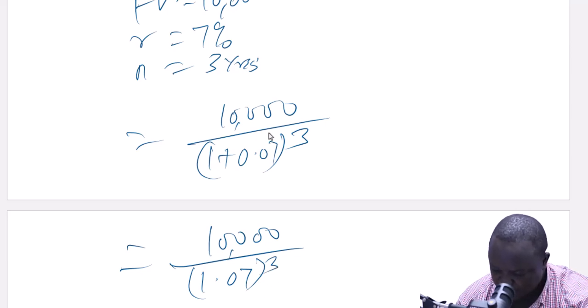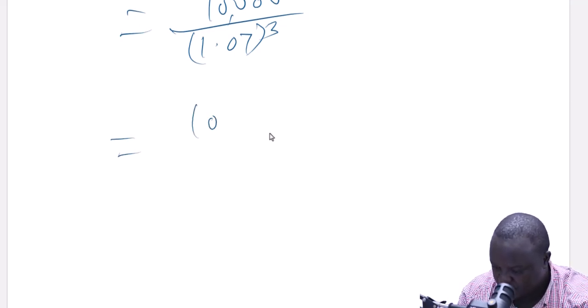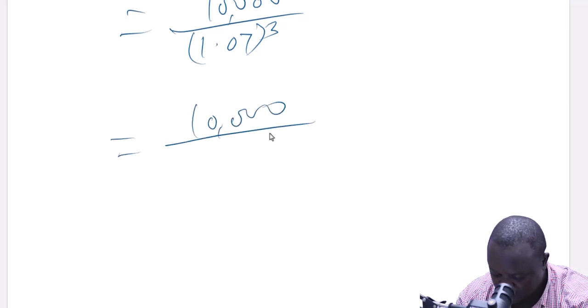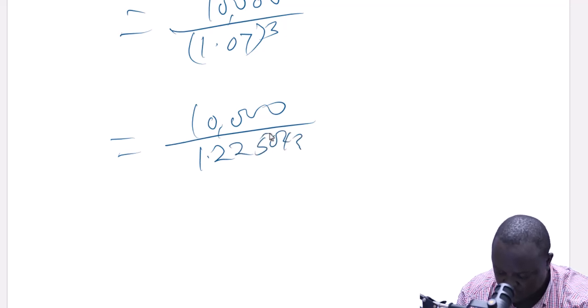If we calculate that raised to power 3, 1.07 cubed is 1.225043.